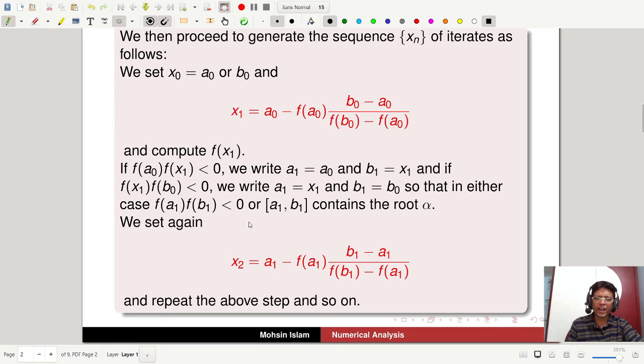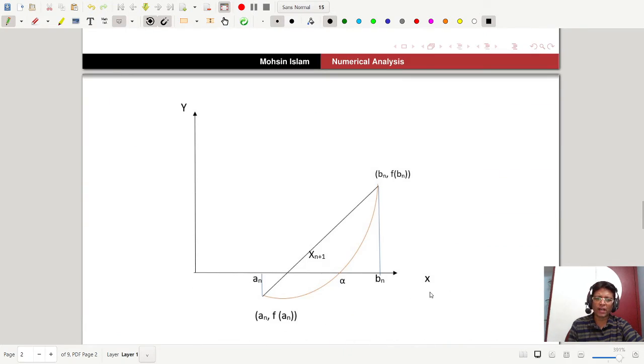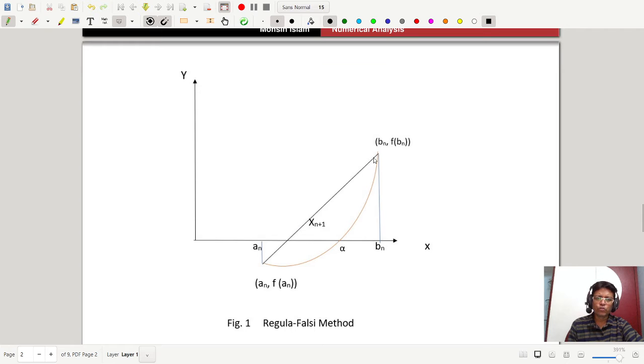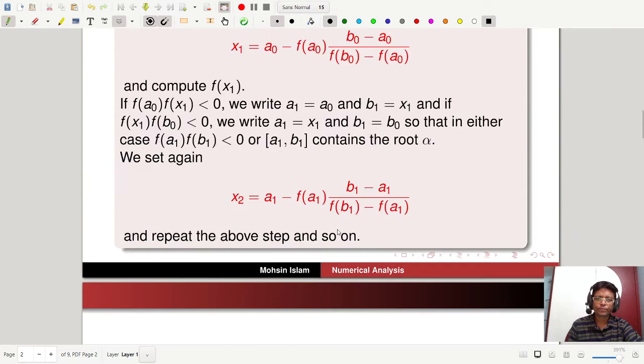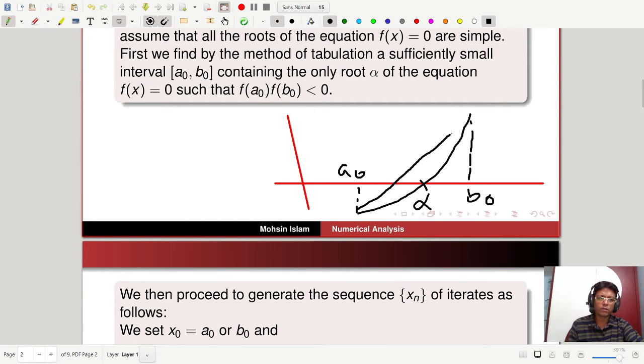First look at the diagram. You draw the chord, and this is for the (n+1)th iterate actually. Similarly, if you draw this one, you will get x1, which is the approximation of the root.